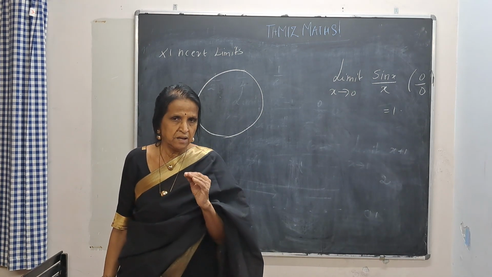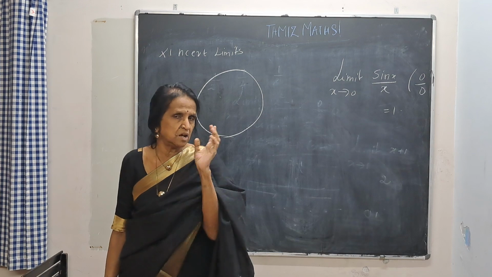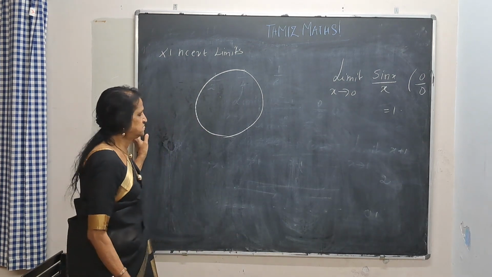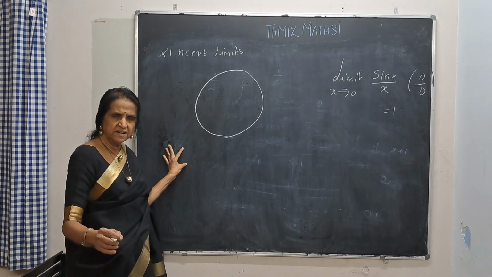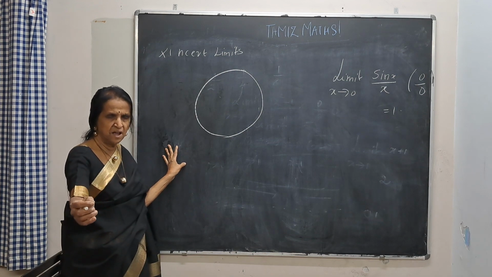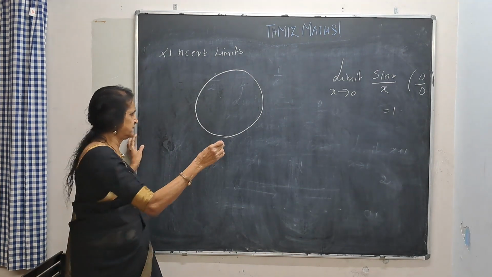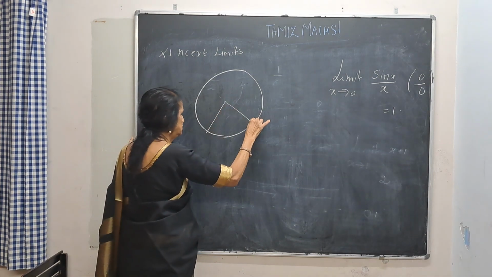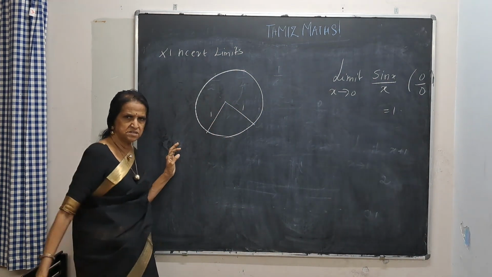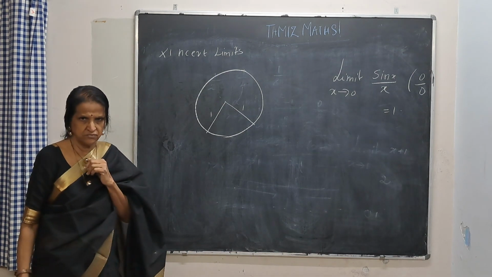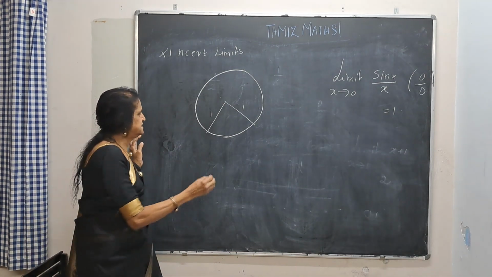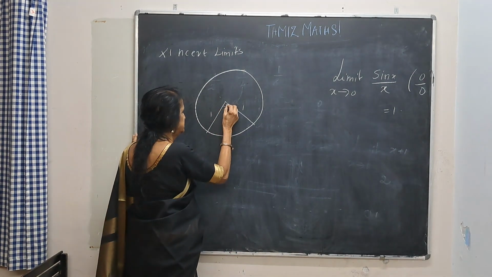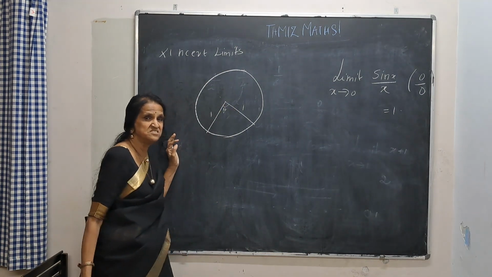Now let me give you a derivation for just that alone. Consider a circle. You can consider a circle with radius r or radius 1, anything you like. Let me consider a circle with radius 1. Not necessary, you can consider a circle with the radius r also if you want. Let the central angle of this sector be theta radians.